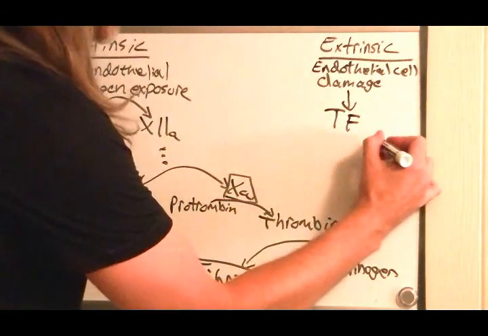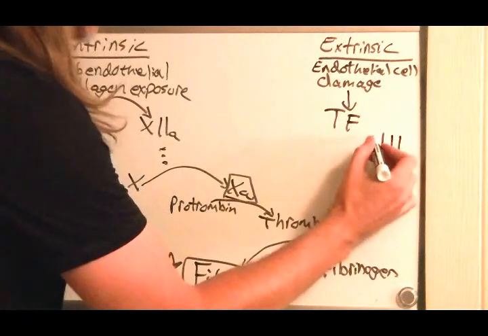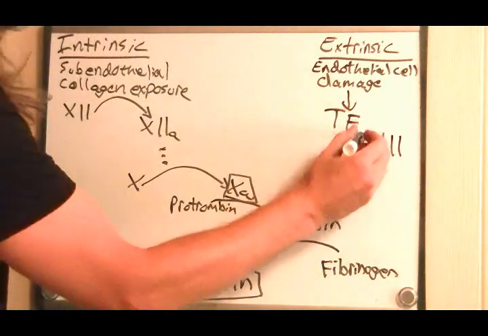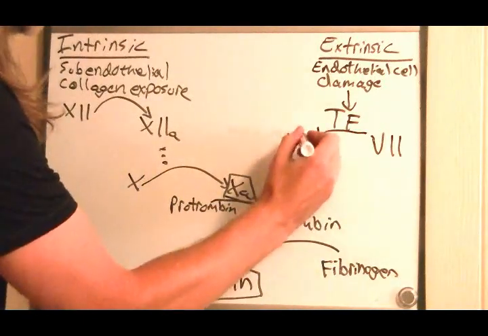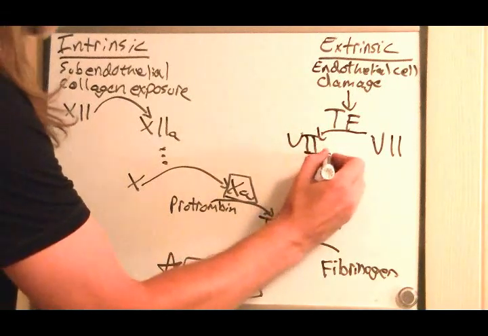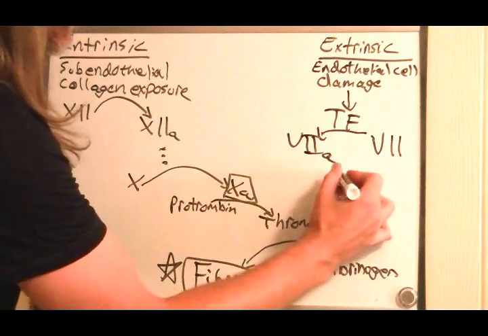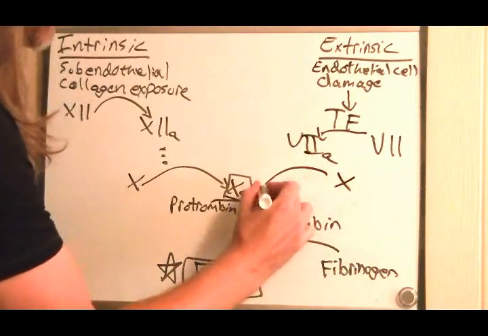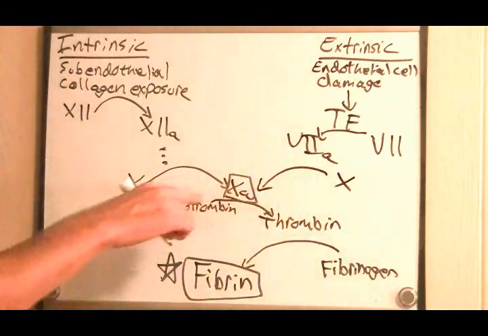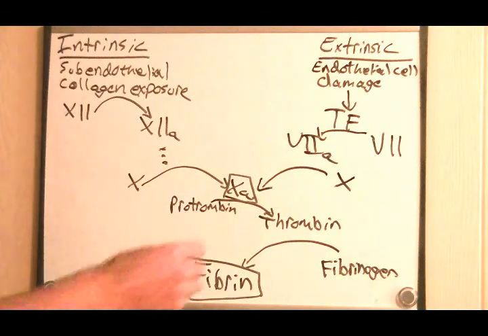And tissue factor will interact with factor 7 and convert factor 7 into factor 7A. And then factor 7A will interact with factor 10 to create factor 10A.